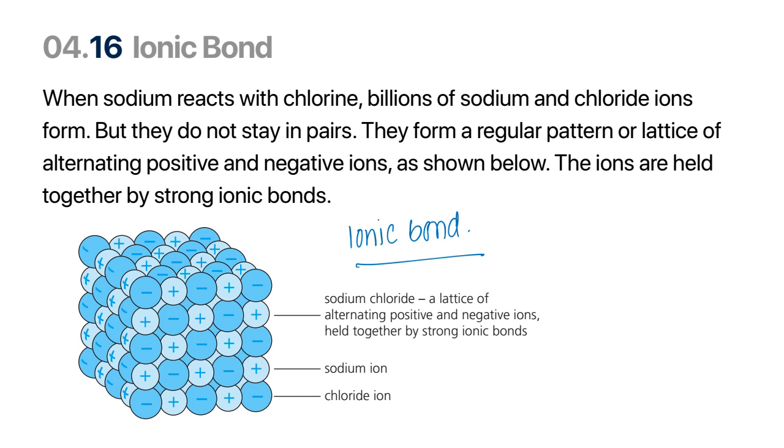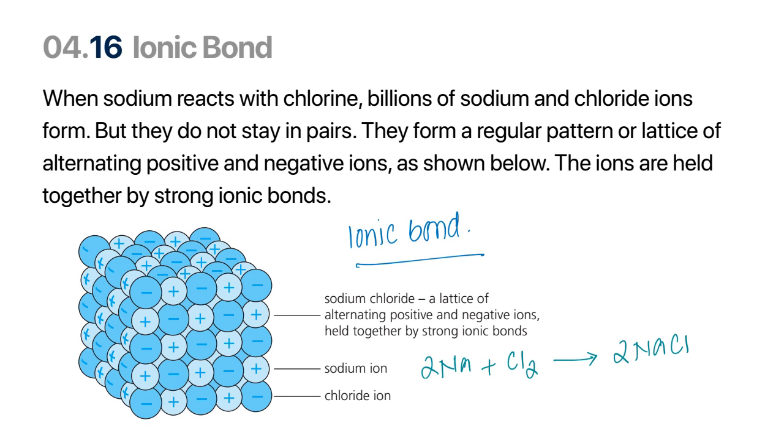And to show this chemically, this is how we write it down. So sodium will react with chlorine. Chlorine normally exists naturally as Cl2, and they combine to form NaCl. So we have two chlorines here, so I think we'll have to balance it like this for now.